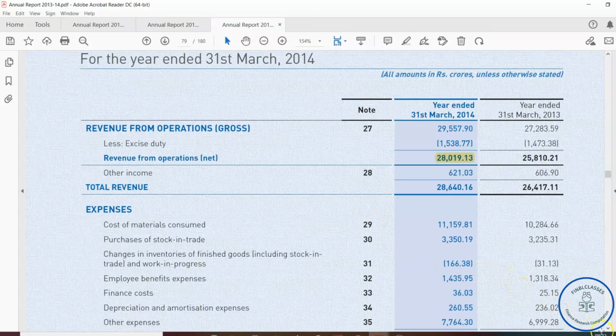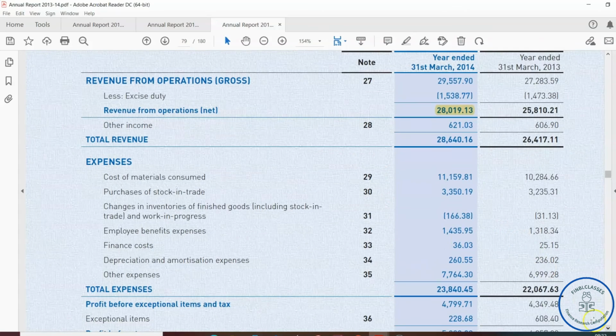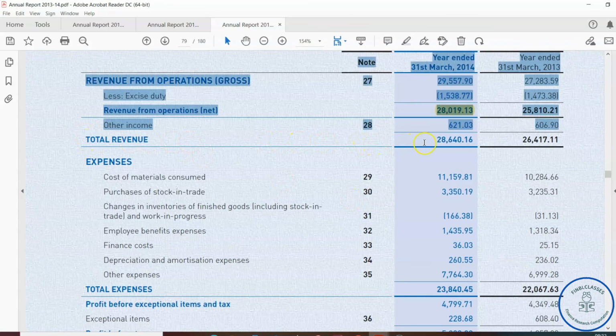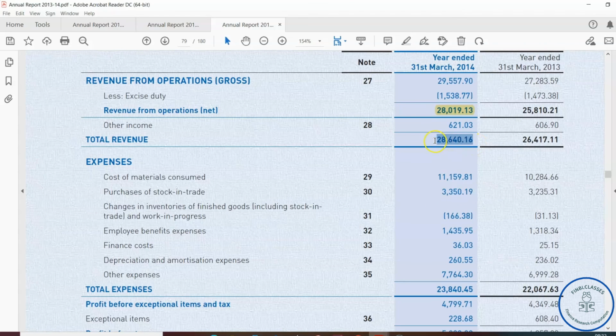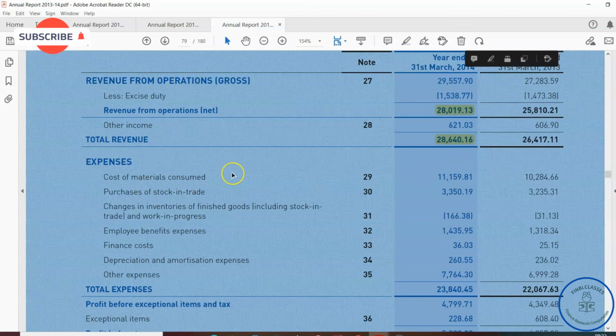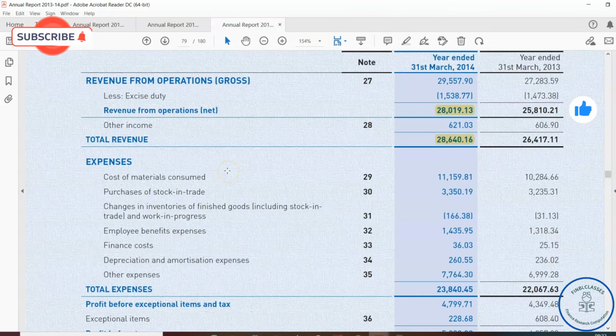This is the revenue part. The total revenue that we have is 28,640.16. This other income should not be included because we have to eliminate it. It's very important while doing the adjustments. Next come the expenses.